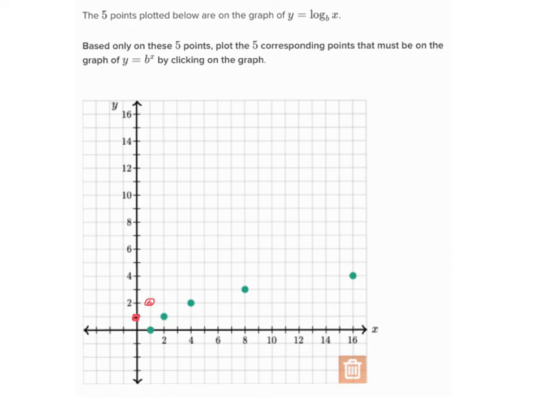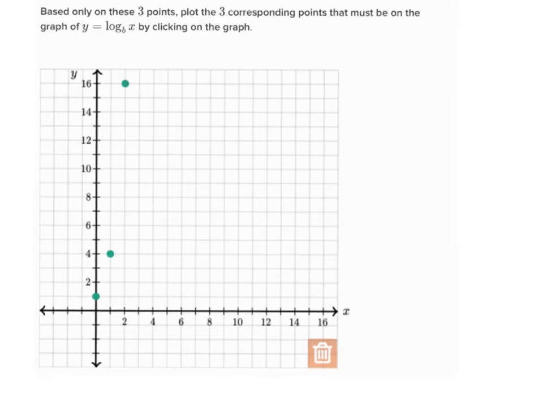This point right here is over 4 up 2, so the inverse of that will be up 4 and over 2. Right there. This point right here is right 8 and up 3, so the inverse of that will be up 8 and right 3. So right there, and this last point is over 16 and up 4. So I need to go the opposite of that, up 16 and right 4 right there. And so I've drawn the graph that is inverse to the graph they provided.